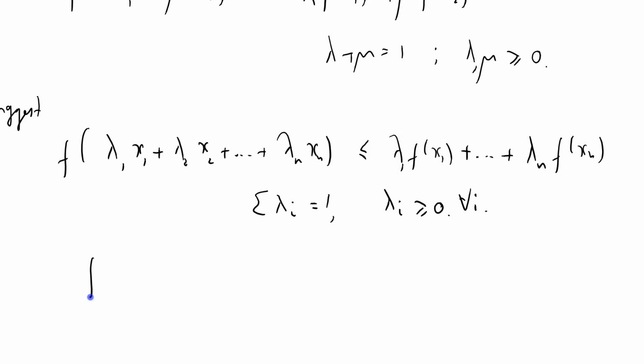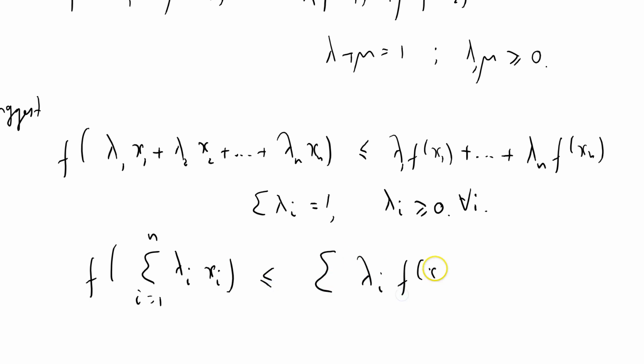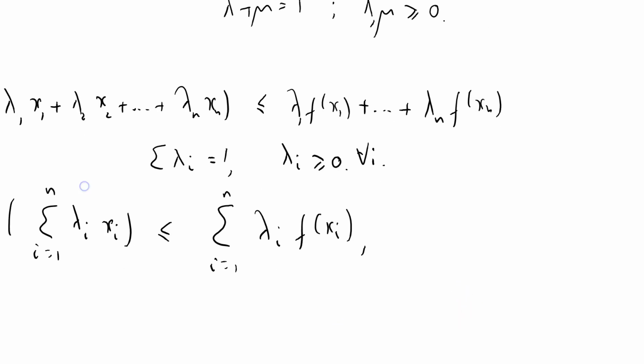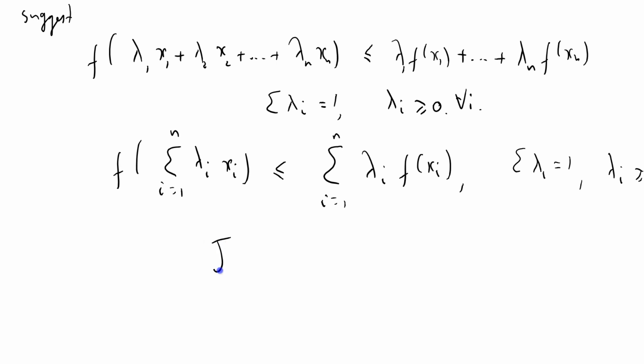I can rewrite it in a slightly different way. Sigma i equals 1 to n, lambda i xi is less than or equal to sigma lambda i f of xi, i equals 1 to n, provided that sigma lambda i equals 1, lambda i greater than or equal to 0 for all i. And this thing here is known as Jensen's inequality.